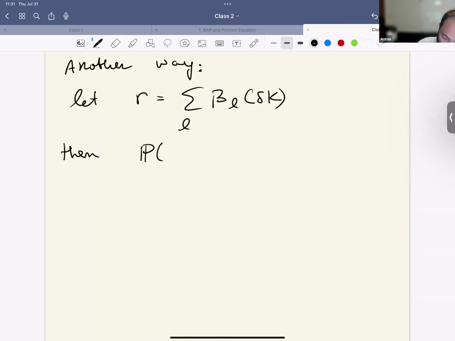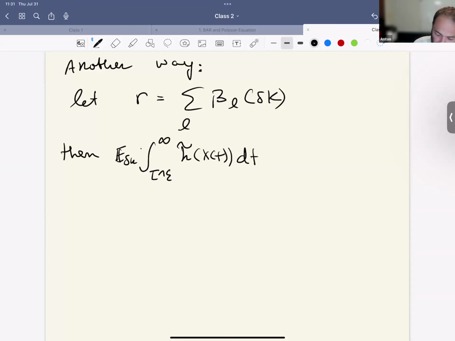Well, let me see this. The integral from 0 to infinity, of the expected value starting from delta k, of h tilde of x of t dt.